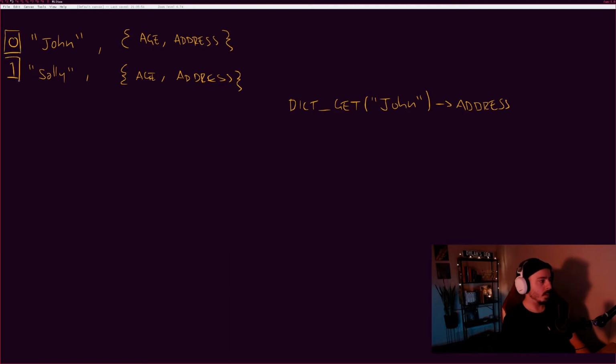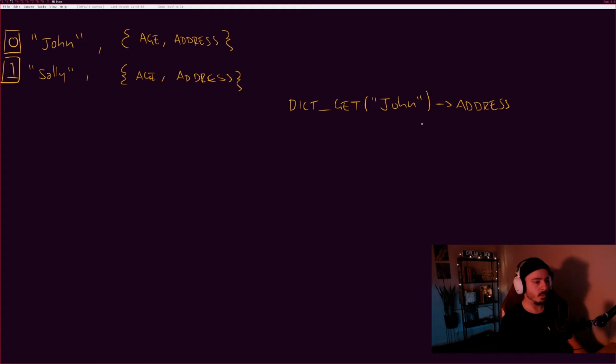So you want to get John's address somewhere else in your program, like in a completely different module or something like that, which has access to this dictionary. You'd have to know that John's index is 0, or you'd have to store it in a variable and pass it around, or store it globally. So this is kind of a nice way to get around that.